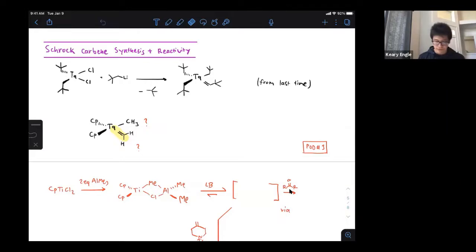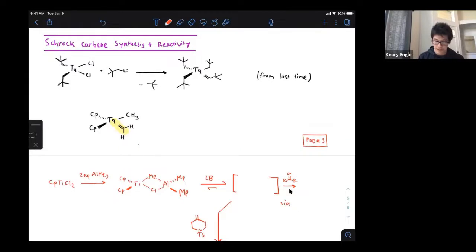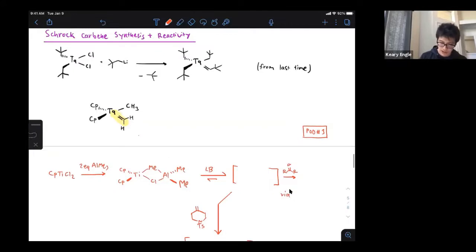So in terms of structural features of Schrock type carbenes, let's now consider a relative of the first Schrock carbene, a bis-Cp analog that has a methylidene as the carbene and then a methyl group as the fourth ligand. If one inspects the crystal structure of this complex, which is known, the metal carbon bond distance is significantly shorter than what we saw in the case of the Fischer carbenes.